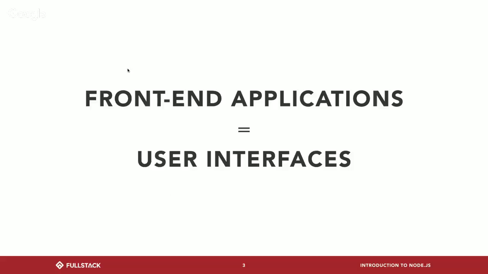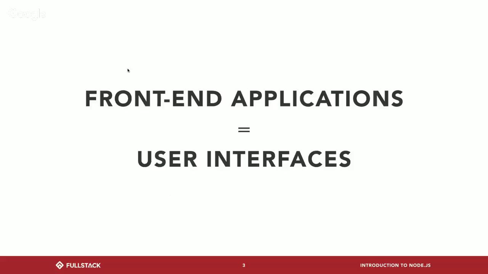So when we think about front-end applications, what we're doing is we're building user interfaces, okay? So these are the part of the application that the user is looking at as opposed to code that's written in the back end that's making calls to databases or that's setting up routes or that sort of thing.